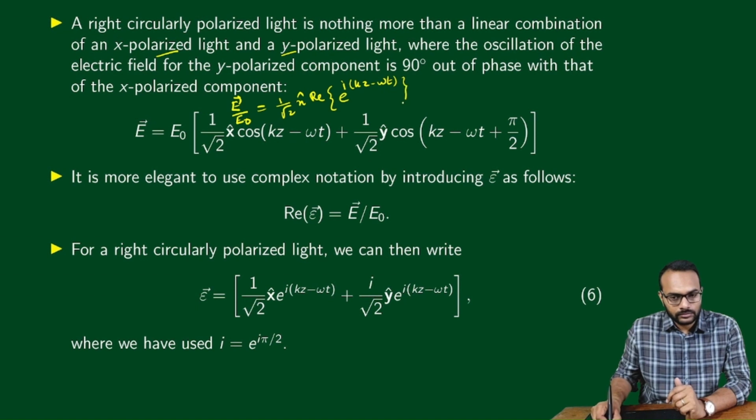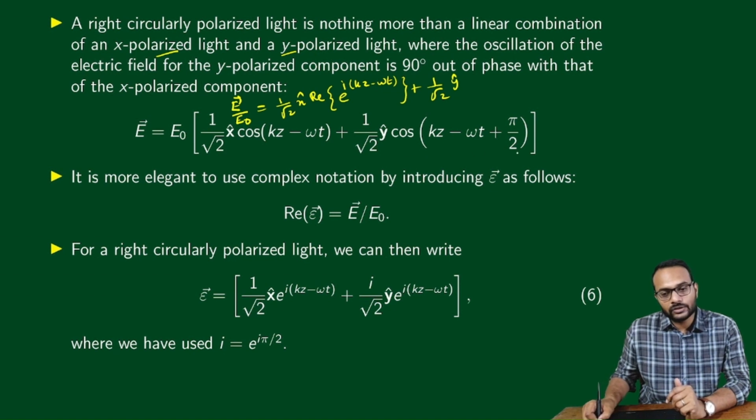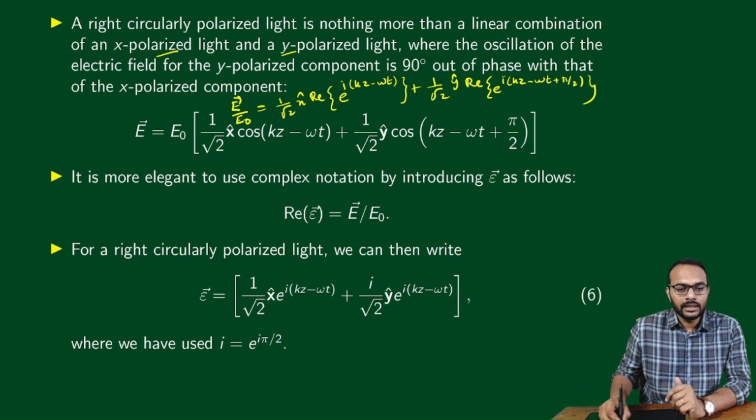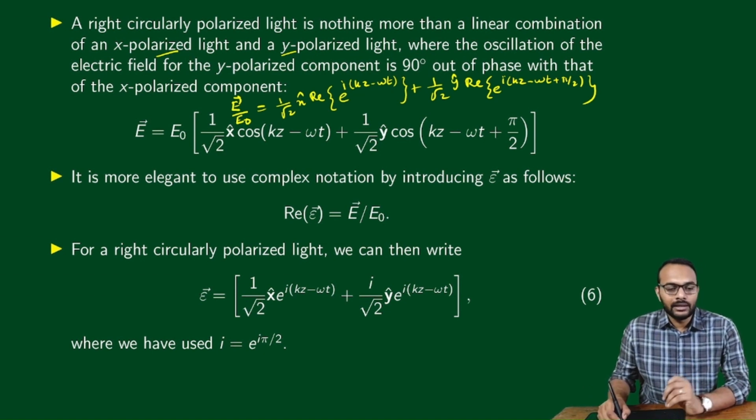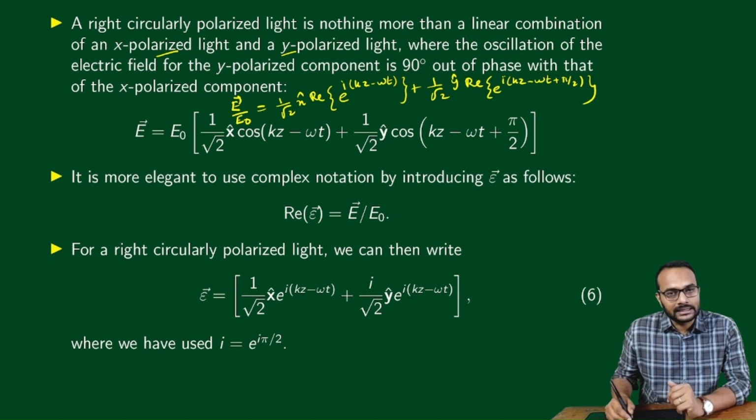Plus here we have 1 by root 2 y hat times cos(kz minus omega t plus pi by 2), which is the real part of e raised to i(kz minus omega t plus pi by 2). Now you see that this E vector divided by E0 can be written as the real part of a complex function.